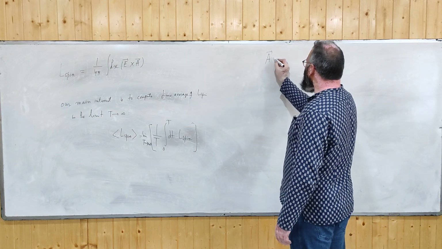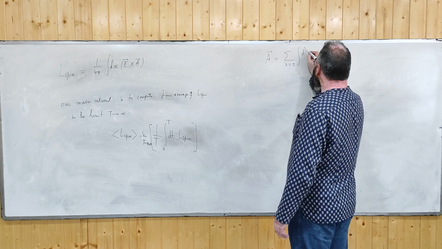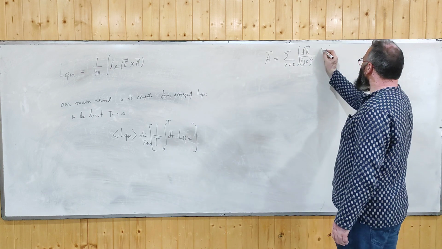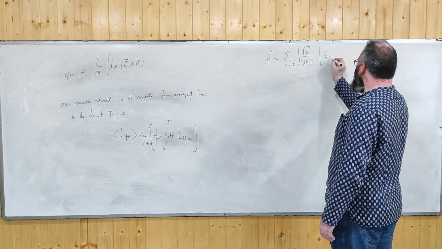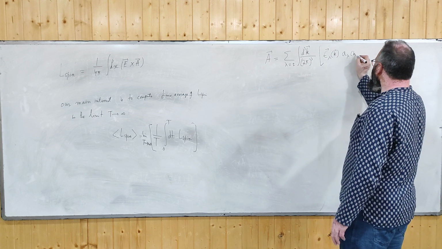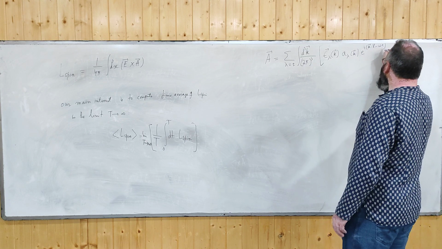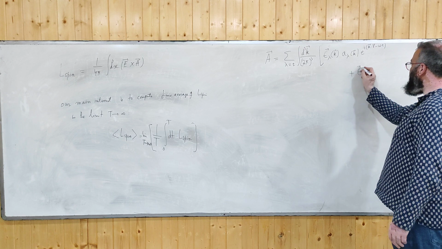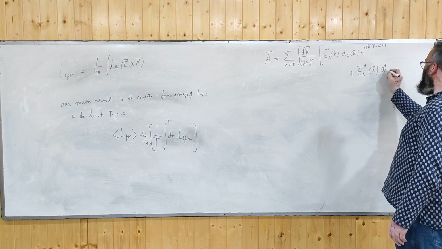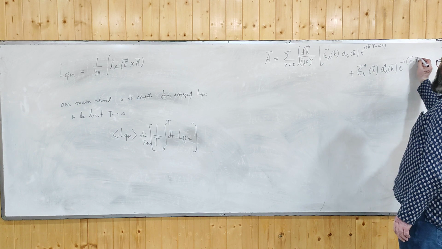Our A is equal to the summation over lambda equal to plus minus, integral d3k divided by (2 pi)^3, then you have epsilon lambda k, a lambda k, e raised to i(k dot r minus omega t), plus epsilon star lambda k, a star lambda k, e raised to minus i(k dot r minus omega t).